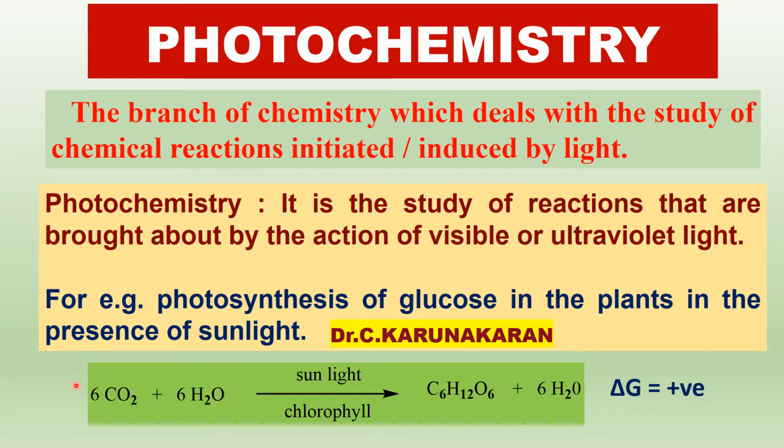Energy poor molecules, carbon dioxide and water, are converted into energy rich molecules. Therefore, delta G is positive. Whereas on combustion of glucose, energy is released, delta G will be negative.